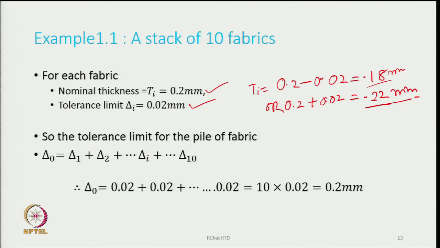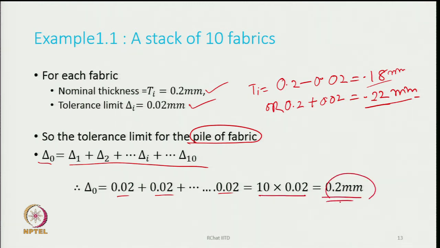So, the tolerance limit for the pile of fabrics is going to be the sum of the individual tolerances. So, therefore, it will be 0.02, 0.02, all of them are the same in this case. There are 10 fabrics, so 10 into 0.02 is going to be 0.2 mm.